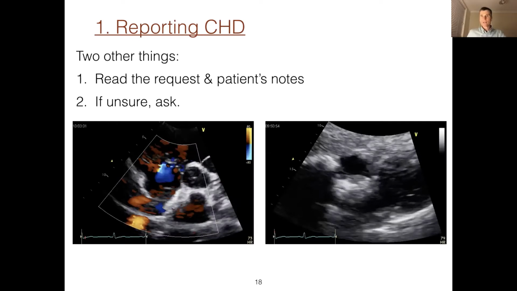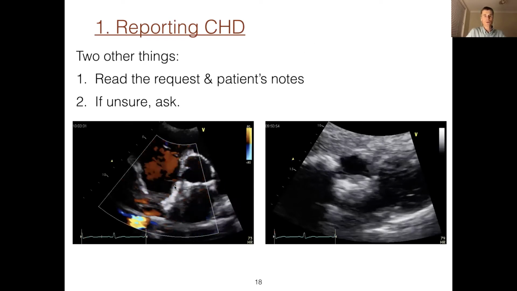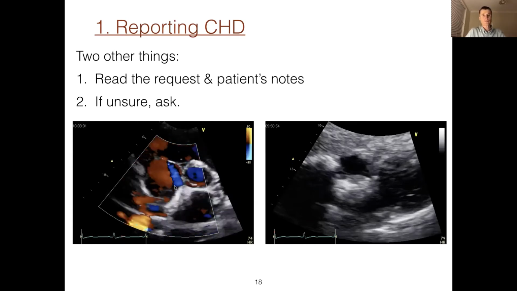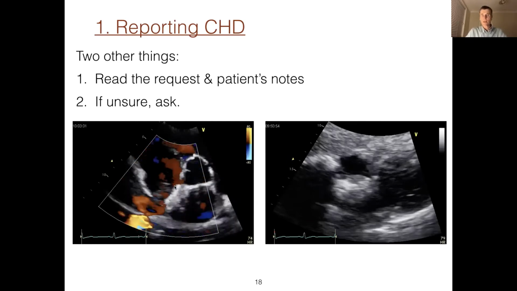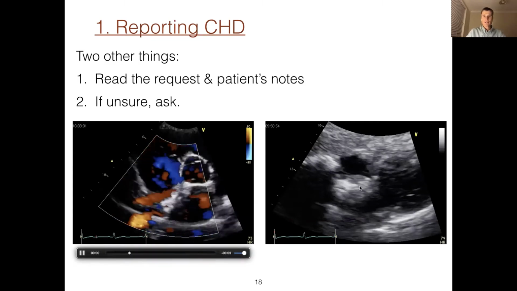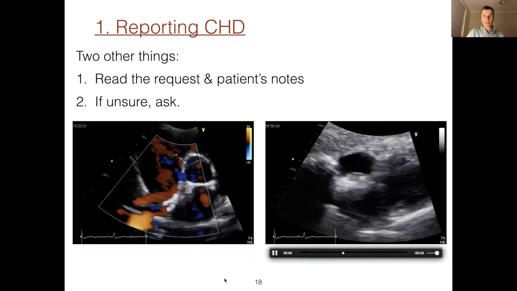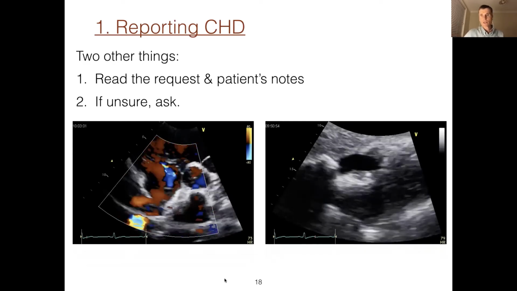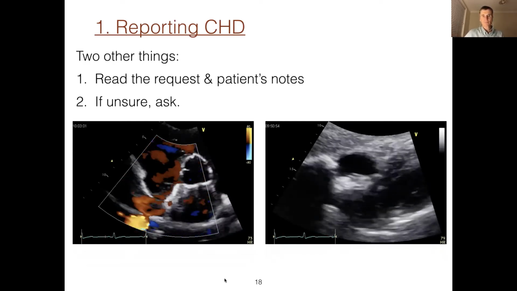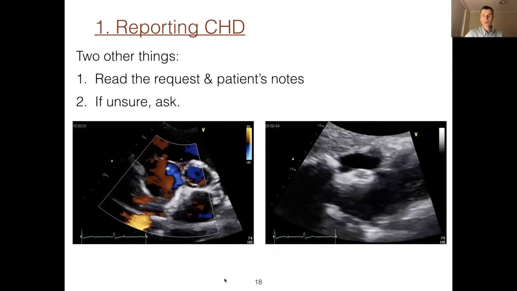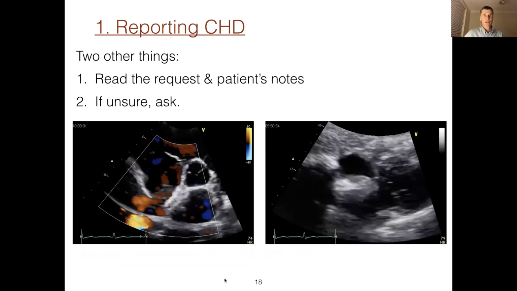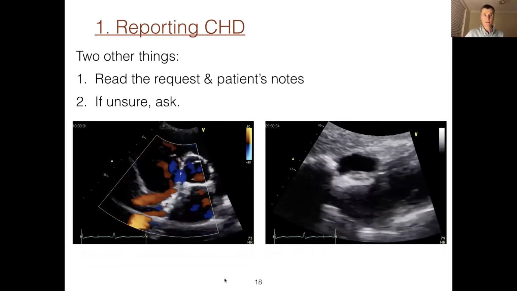Just before I finish this reporting part, two other things that are really important to make sure that you do are, one, read the request and patient notes, and two, if you're unsure, ask. This is an example of a patient I saw not all that long ago, who I was told had an ASD.